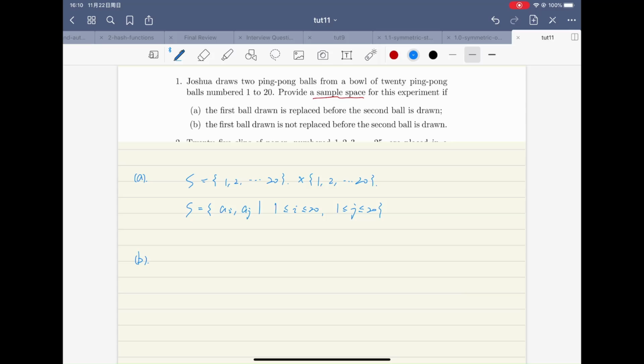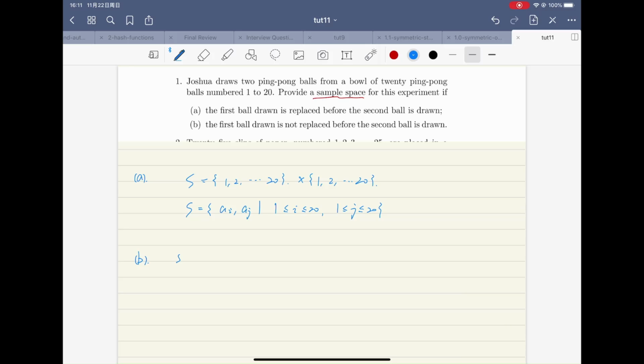For question B, it is similar to question A, but this time the ball is not replaced after the first ball is drawn. So we have 20 tries for the first ball and 19 tries for the second ball. We have to make sure the second ball that we draw is not equal to the first one.